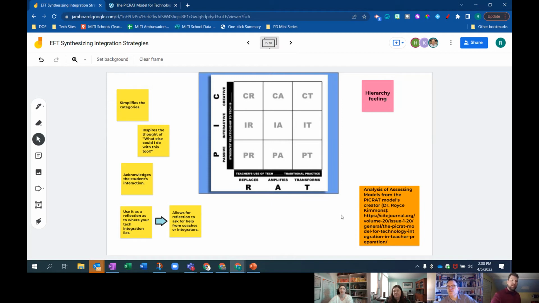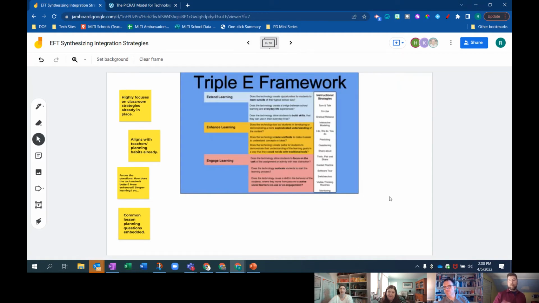I think the PICRAT model is what I would use to reflect upon the level of integration, where I am with the technology, and if I'm hitting CT ever or things like that. Because I like the simplicity of that, and I can use it quick and easy. And then this one would be for the planning piece. So I'm torn about which one I would use if I had to choose only one, because it's hard. But realistically, I'd be using a blend of those two in the classroom.